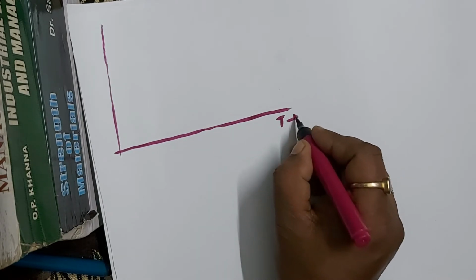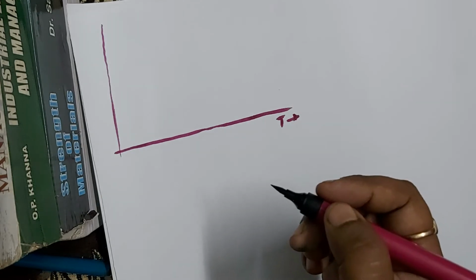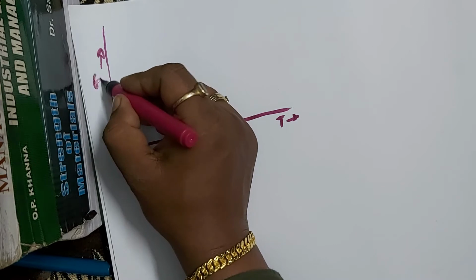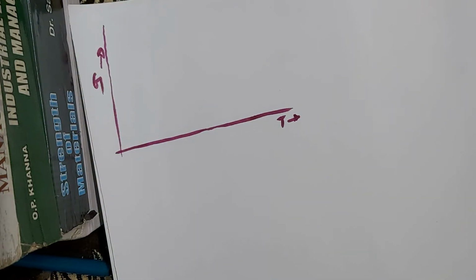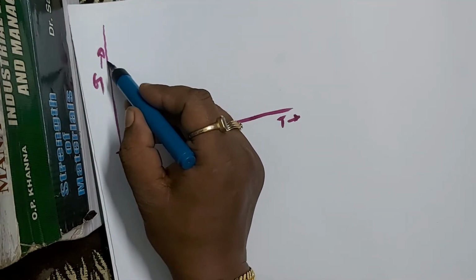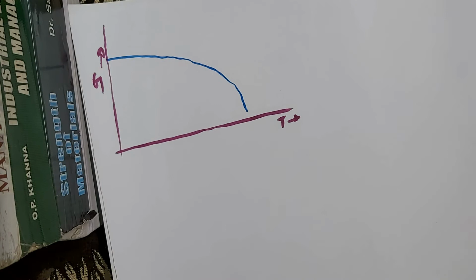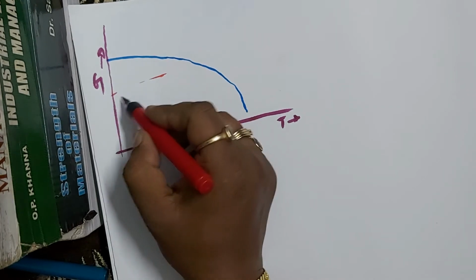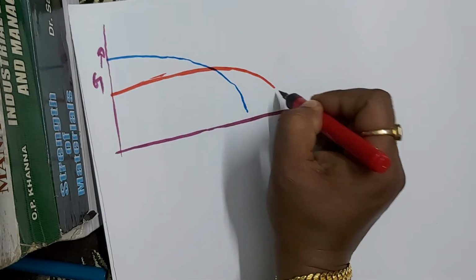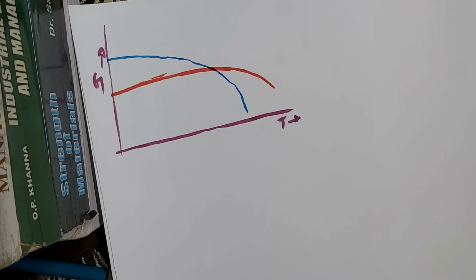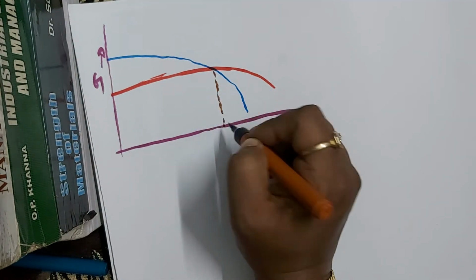This side is temperature, and this side is free energy. This is the melting temperature or melting point.